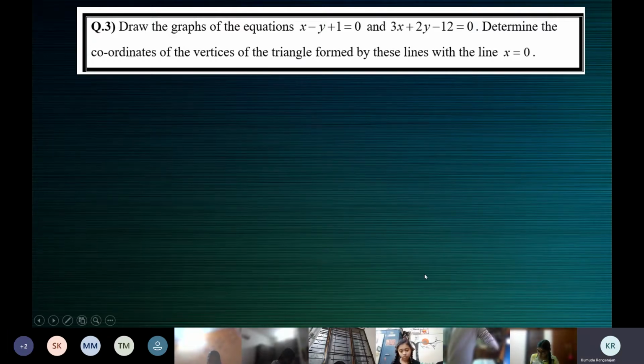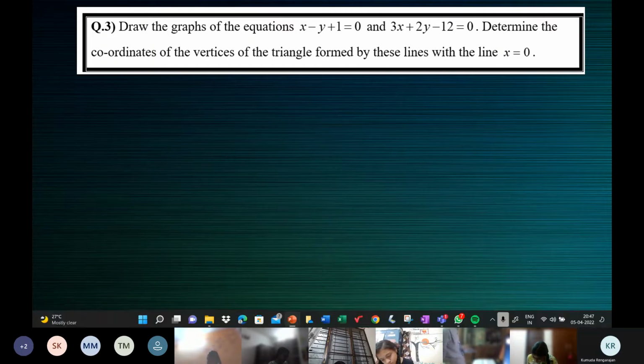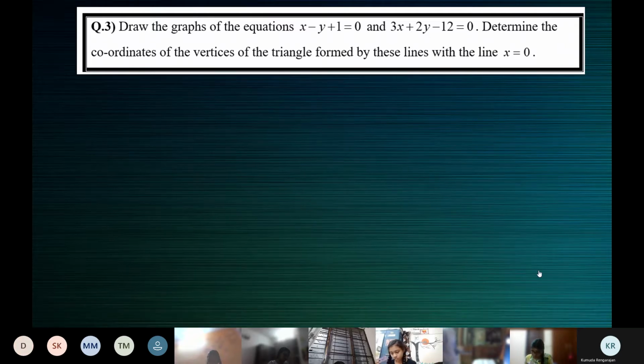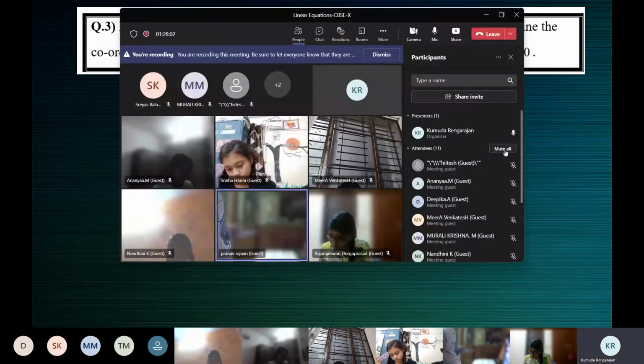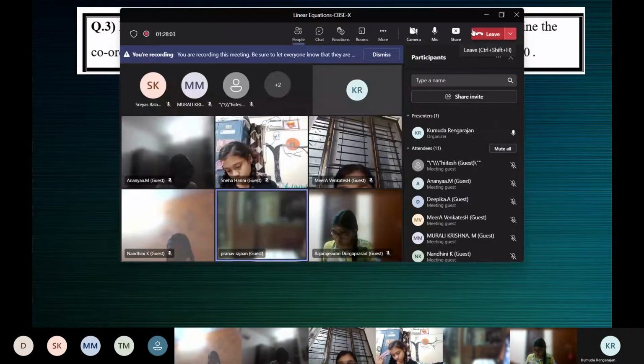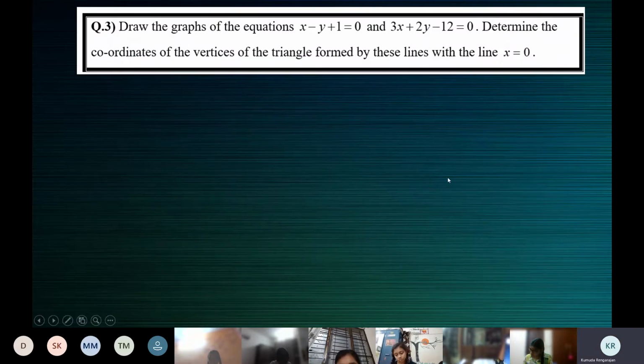Yes, next to send is Meera. Looks correct, Meera. Yeah, let me check.